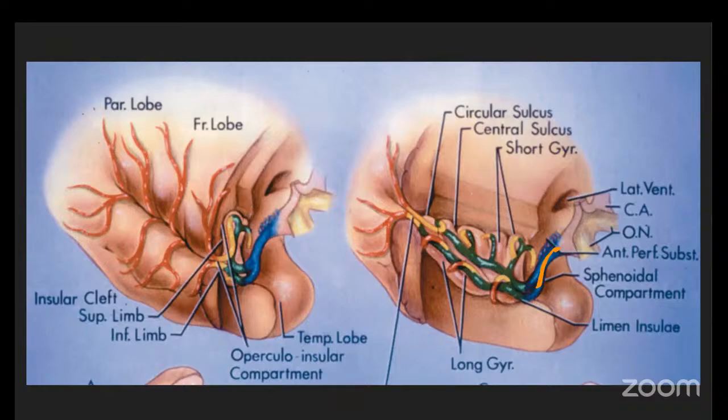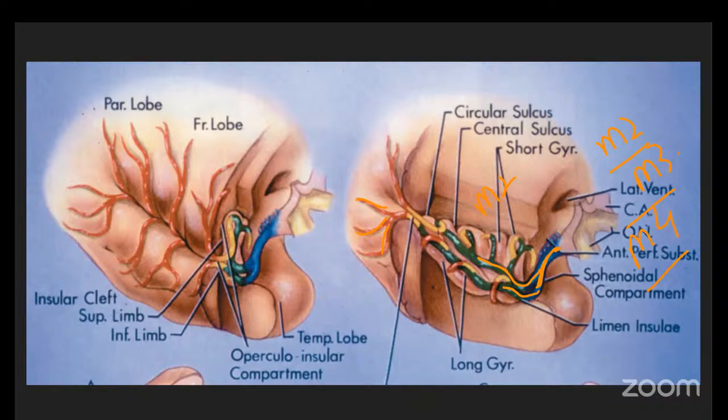MCA is bifurcating, and there's a superior trunk, there's an inferior trunk, and then you see parts of it going near the insula. These portions, what portions would these be? These will be M2. The green portion is M2. And then the yellow portion is M3. And then the red portion, which are the terminal branches, these are the M4 segment.